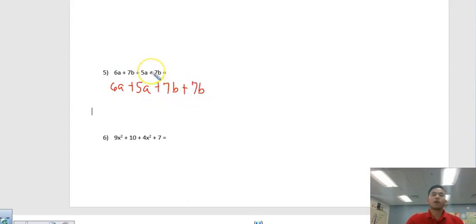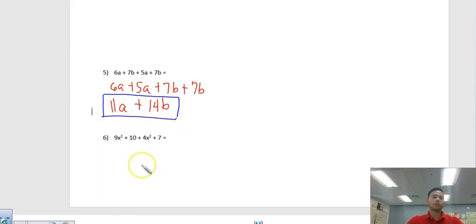And then you just add the coefficients that you have in there. So we have 6 plus 5, which is 11a, plus 7 plus 7, which is 14b. Again, you cannot simplify this further because they don't have the same variable.